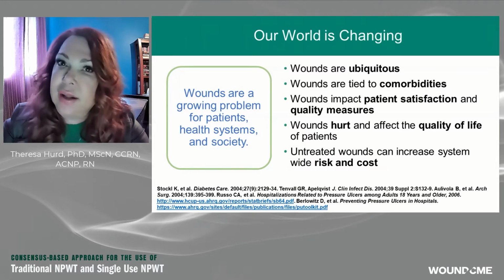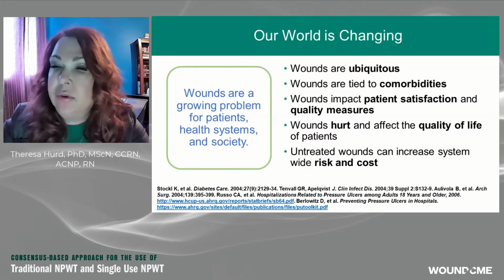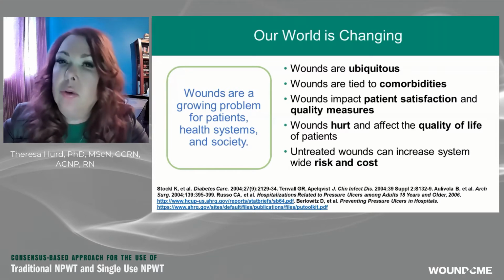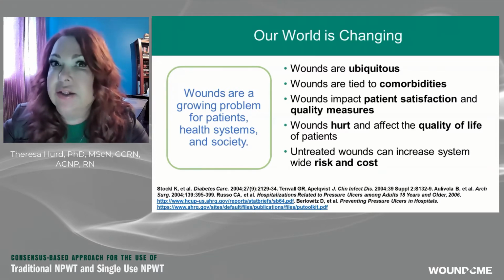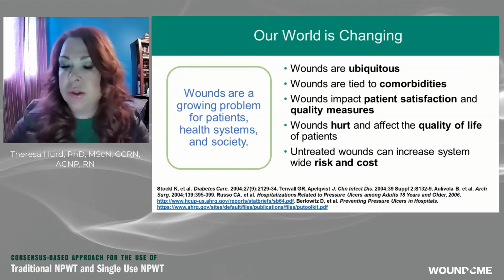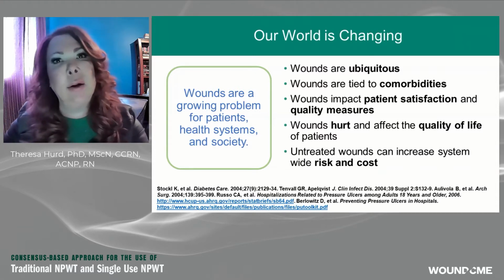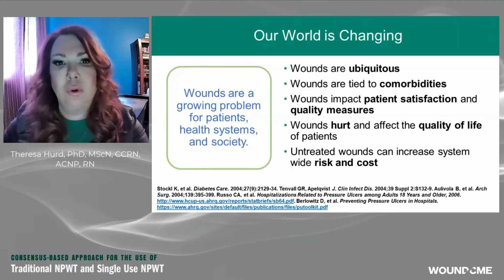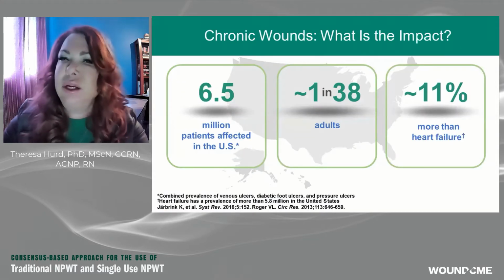In addition to that, the more it costs the healthcare organization. The longer the patient has a wound, the more complex it gets also to heal these wounds. So that's important when we're looking at how we want to treat wounds and what kind of treatment we choose for these wounds.